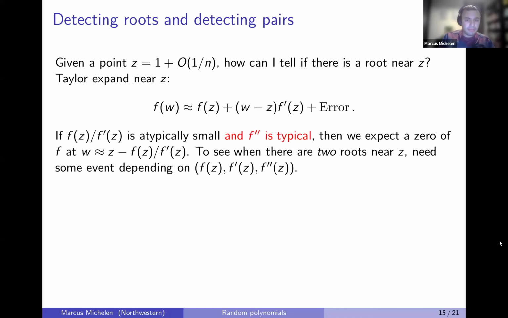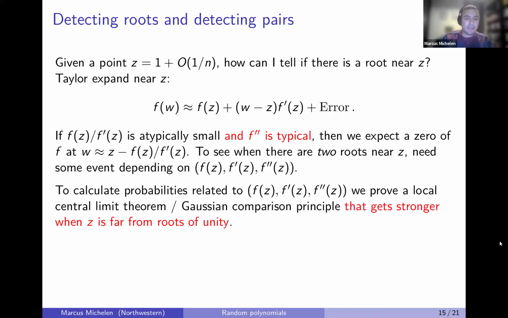Now, to see where two roots are, I'm going to need some event depending on f, f prime, and f double prime. Right? Because I can only see one root with a linear approximation. To get two roots, I need some kind of quadratic approximation. So, to calculate probabilities related to f, f prime, f double prime, we do a Gaussian comparison or local central limit theorem that's going to have stronger and stronger epsilon as the further z gets from roots of unity with small denominator.